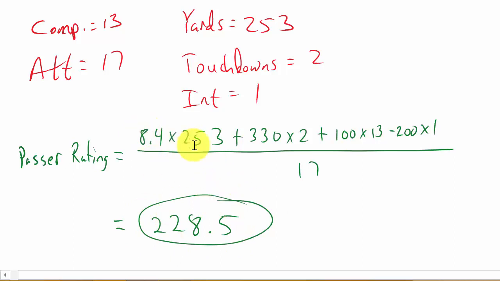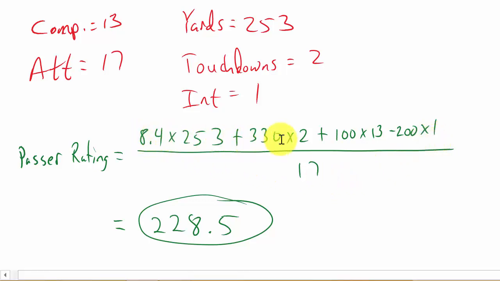Now, you want to be careful when you're punching this into your calculator. Enter the numerator just like it looks: 8.4 times 253 plus 330 times 2 plus 100 times 13 minus 200 times 1. Once you enter all that in, make sure you hit the equal sign, and then after that, hit divided by 17.